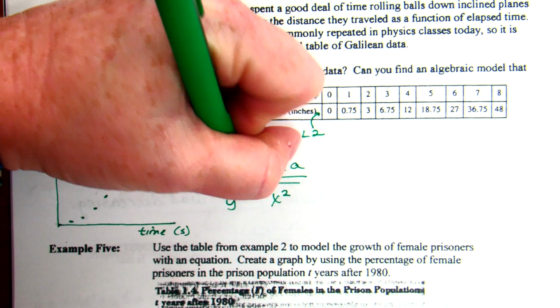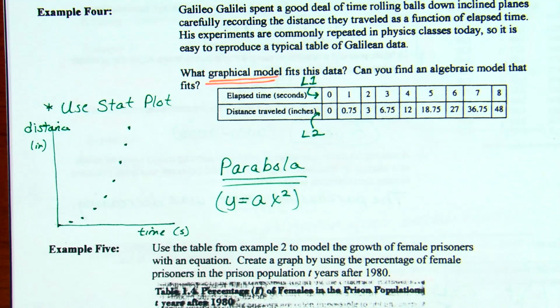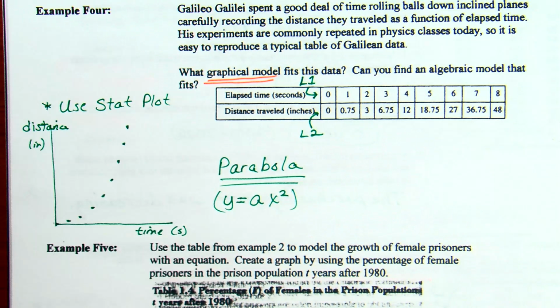Or is it wider? Or is it skinnier? So we're going to think about the form y equals ax squared. Okay? So that's the format that we're going to fill in numbers for. We're going to figure out what a is.